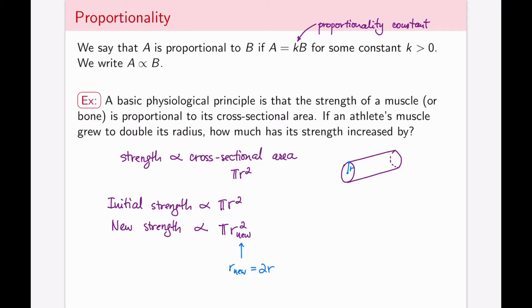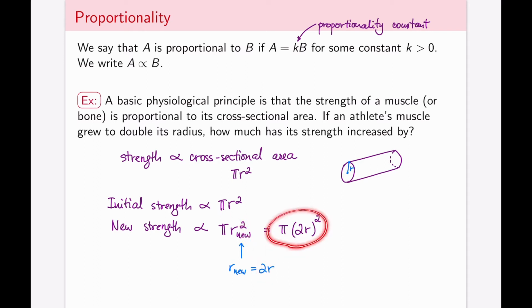Here's where you've got to be really careful though, because in replacing it, I have to make sure that I place 2r exactly where the new radius is here, and the whole thing gets affected by this square. So 2r all squared, okay? Don't make a mistake of saying that this is pi 2r squared. It's not. If I'm plugging 2r in for the radius here, the whole thing has to be squared.